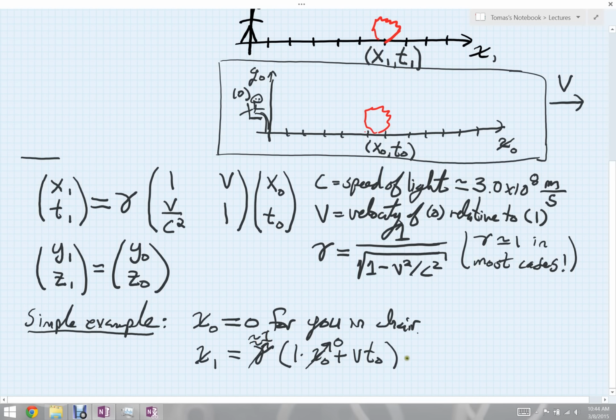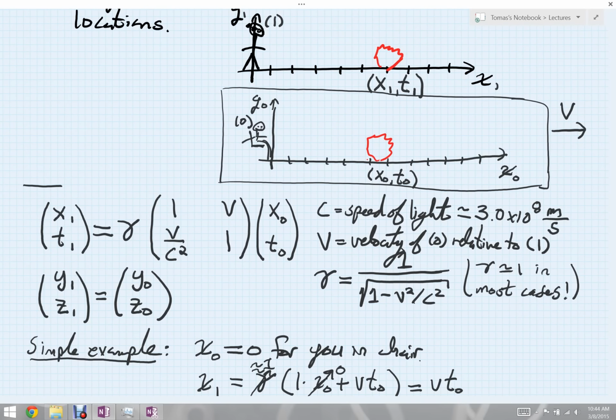And so when I run all this through, all I see is that my recording, x1, my observations of your location when I'm just sitting still, is increasing linearly with time with velocity v. So all that I see when I write down your location is something that's increasing with time in my coordinate system at a constant rate, which simply reflects the fact that we already agreed that you were moving along here with your coordinate system. So all of that checks out very nicely. So that's the basic transformation formula and how it works.